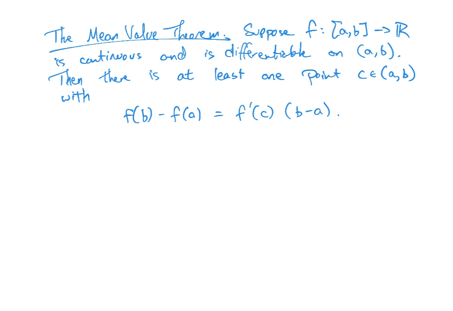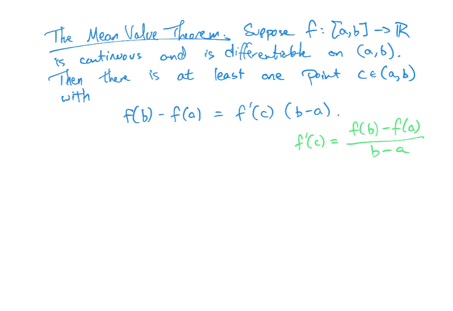Now, equivalently, we could write f prime at c is f of b minus f of a over b minus a. Okay, we just tend to write it in this other way.